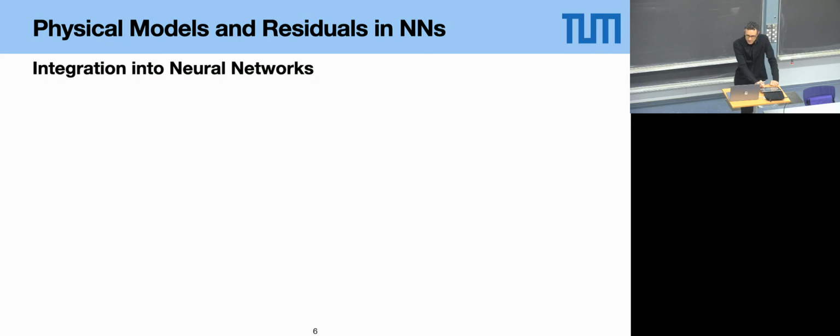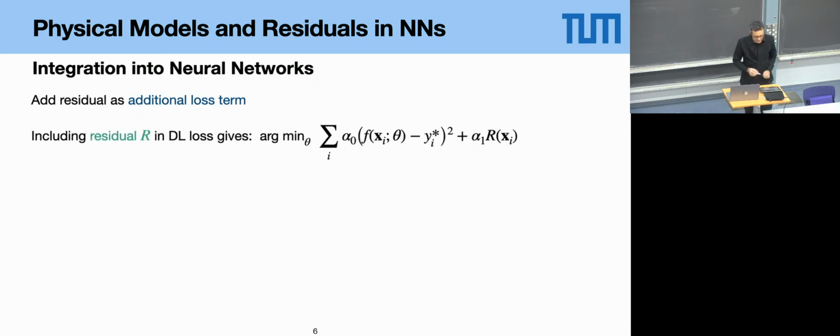If we plug this into neural network training, in practice what you will see is a formulation similar to this one. We have this residual r from the previous slide. You can directly put this in a loss. In practice, what is usually done is to still include some ground truth. That comes from the fact that these residuals are actually tricky to train with, because they just relate different parts of the data.